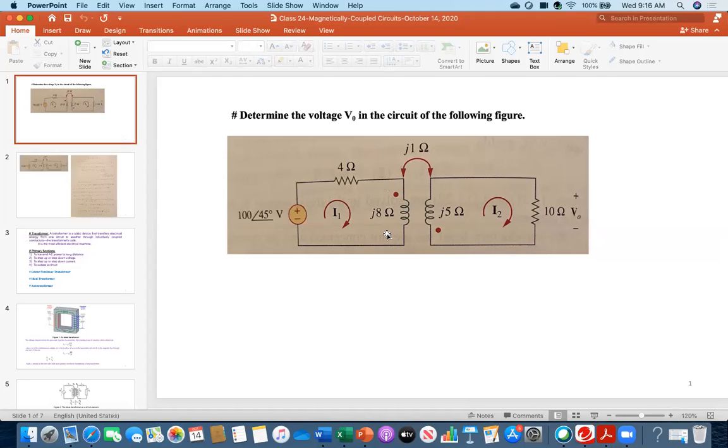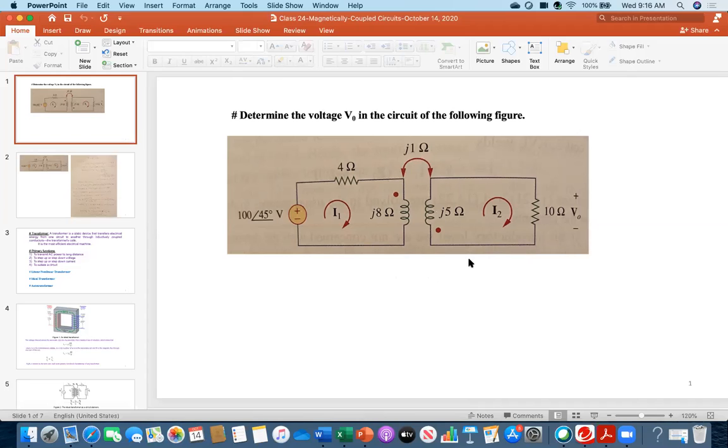Either both entering at the dotted terminal or both leaving the dotted terminal gives a plus voltage for the mutual inductance. Otherwise, it is minus. It is the same as algebra: plus times plus gives plus, minus times minus gives plus, but any plus and minus gives a minus result.